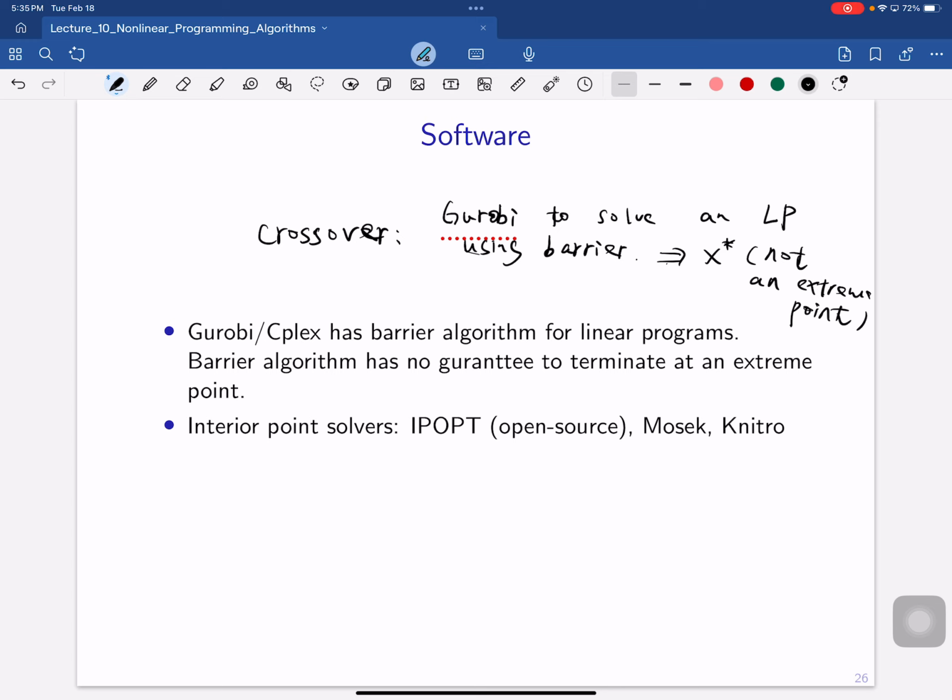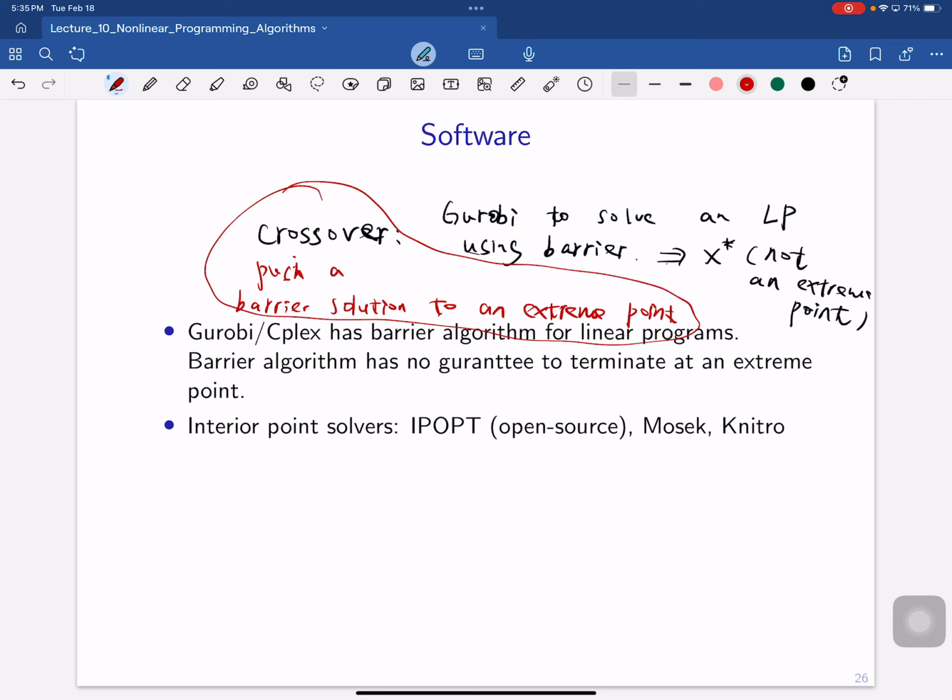So let's assume you don't want this solution, and you really want an extreme point, then Gurobi will do a step called crossover. Crossover means push a barrier solution to an extreme point. Right, so this is what crossover means.